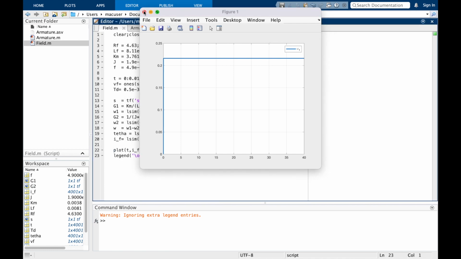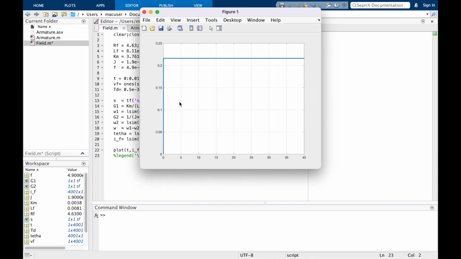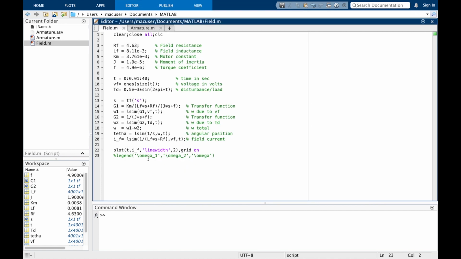I don't think I need the legend, so I'm commenting it out with a percent sign. So this is the current on the field suddenly increasing here. Okay, so this is the simulation, and we are done.